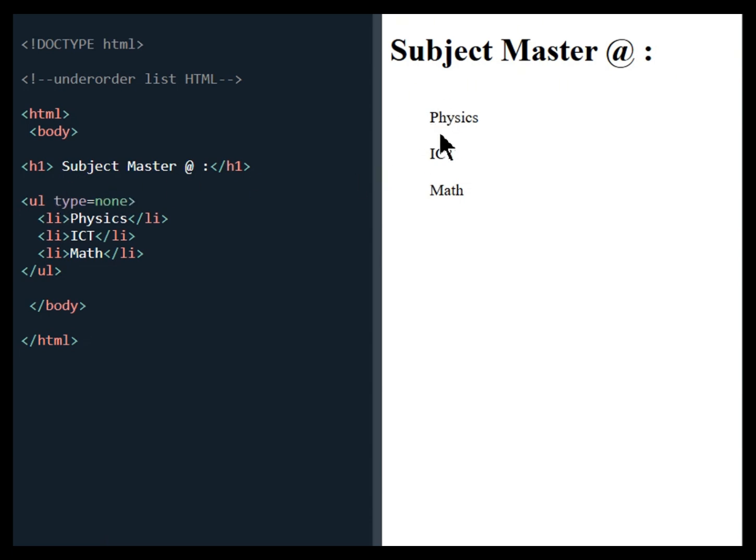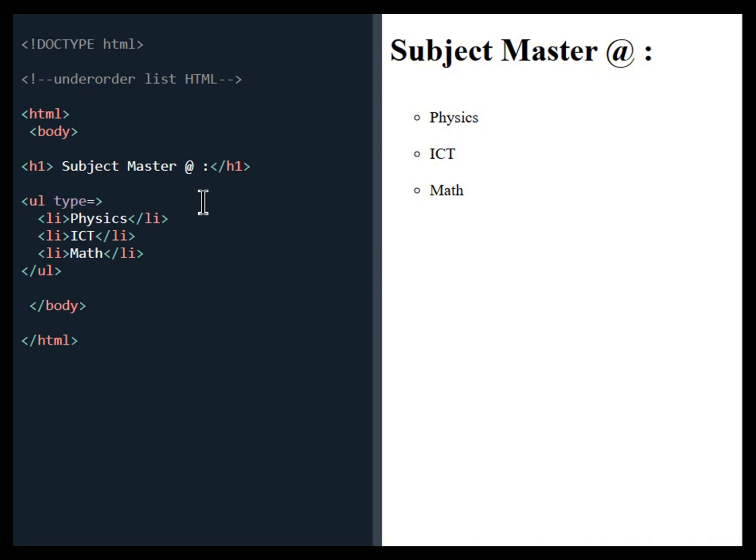It means if you'd like something instead of the disk, you have to use the attribute. So the attribute name will be type and the value will be none. When it is none, it means there will be nothing. Instead of none, if you'd like to write circle, in that case you will get the circle.